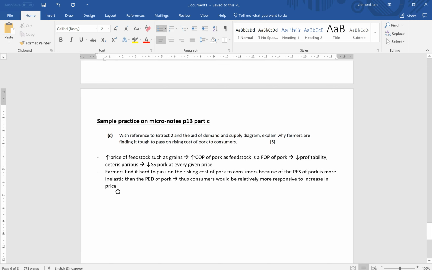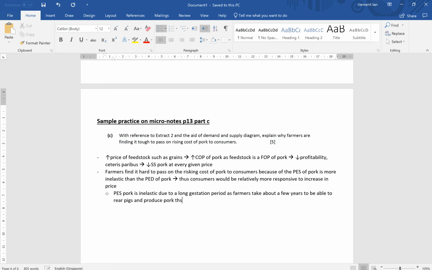Now then, every time, remember, this is a rule of thumb. You have to explain and give evidence and reasons why PED is more elastic or PES is more inelastic. So you say that PES of pork is usually inelastic due to a long gestation period, as farmers take a few years to rear pigs and produce pork.